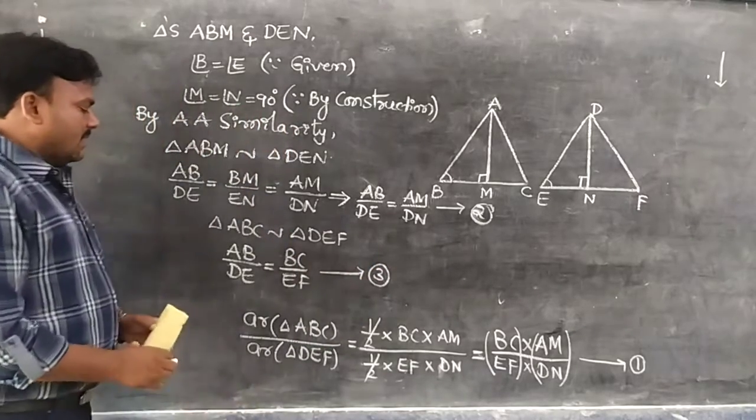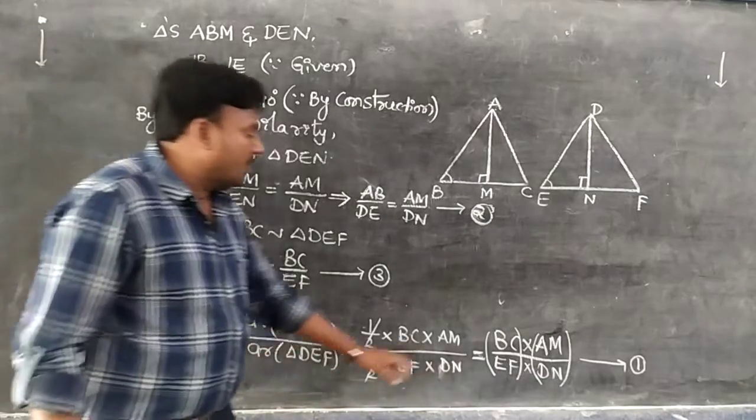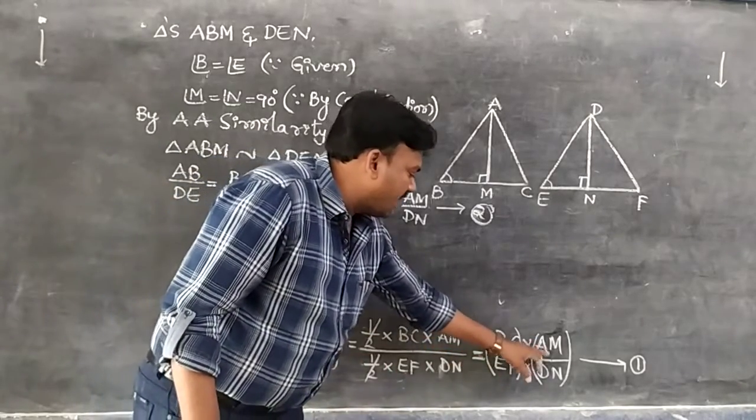So observe here, area of triangle ABC by area of triangle DEF equals BC by EF into AM by DN.